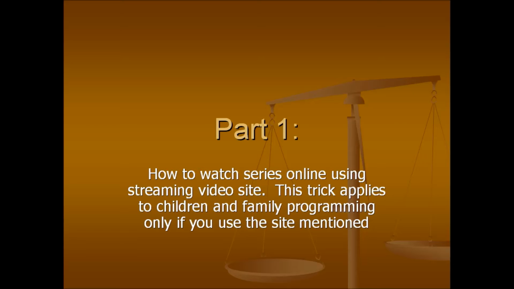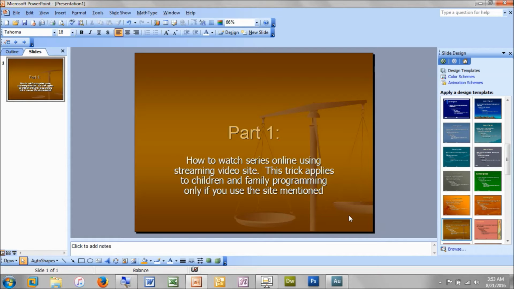This site has, for the most part, what I want to watch. Yes, I still watch these programs. So let's jump out to the computer and let's show you how it's done.